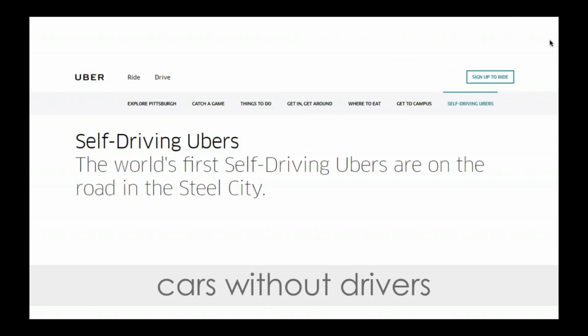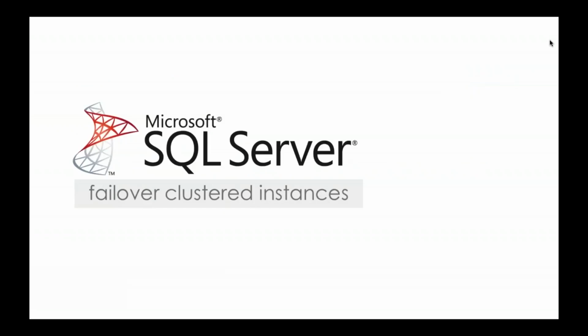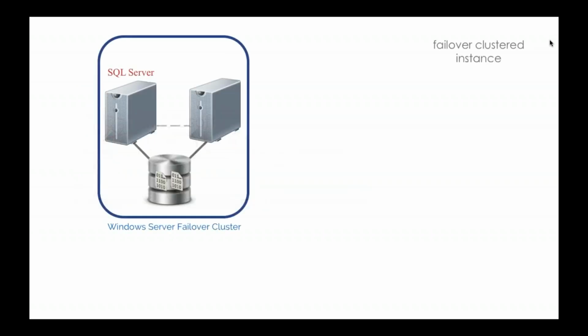Why am I even highlighting this? When you think about SQL Server high availability, specifically failover clustered instances, and how high availability is factored into a failover clustered instance, ever since the beginning, with a failover clustered instance running on top of a Windows Server failover cluster, you can't really get away with a SQL Server failover clustered instance without this magic box, the black box, called the shared storage.